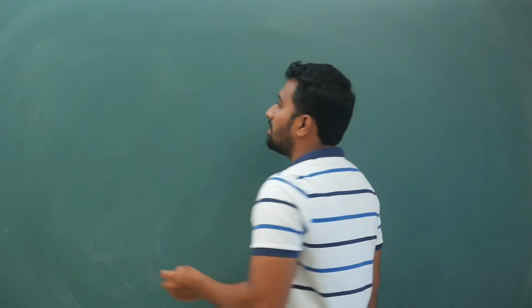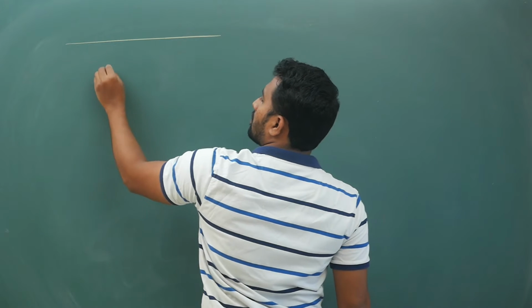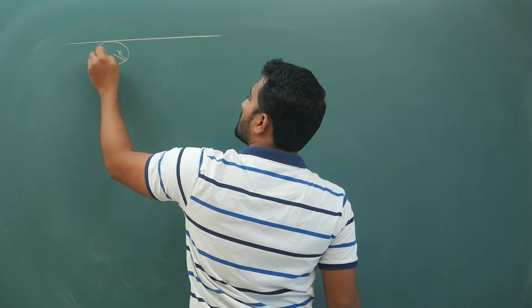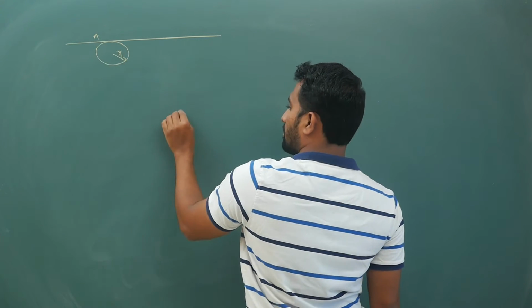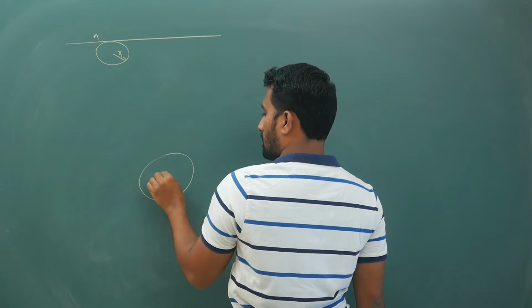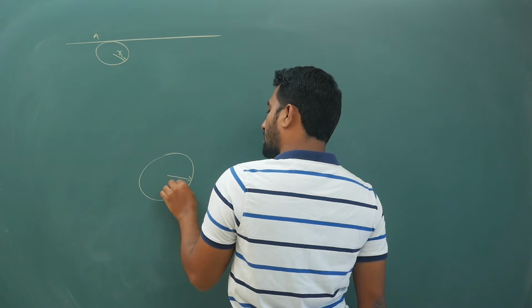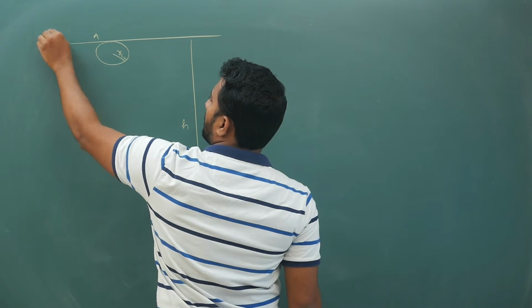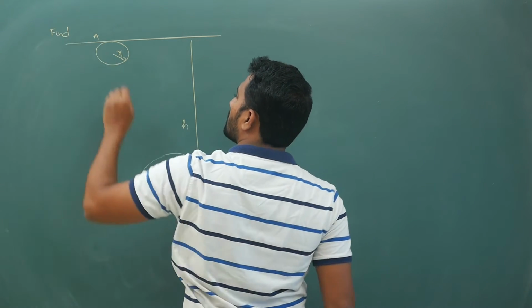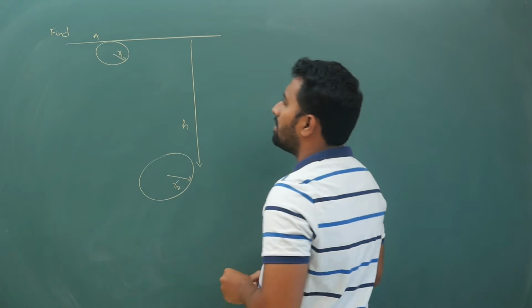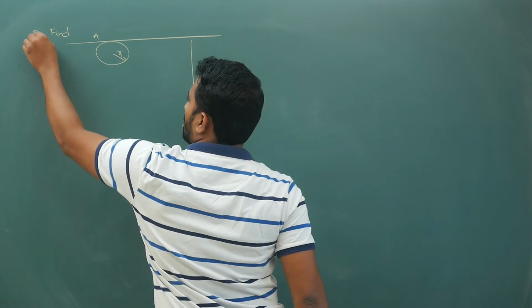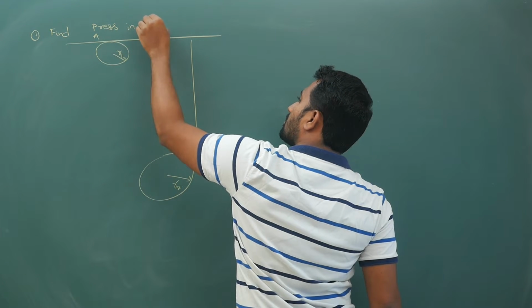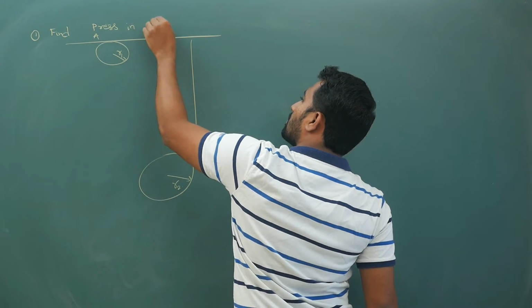Your first question is: radius is R1, this is A. Radius is R2, height is H. The question is to find the pressure in the air bubble.